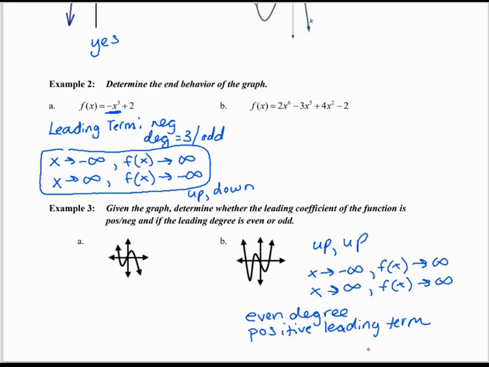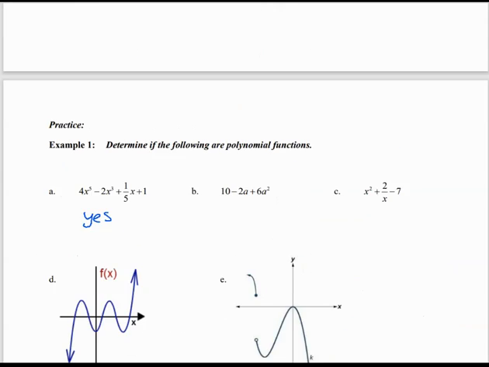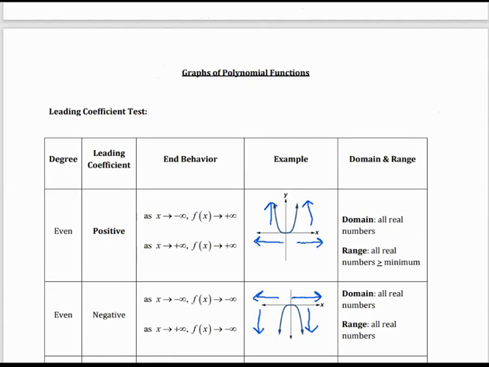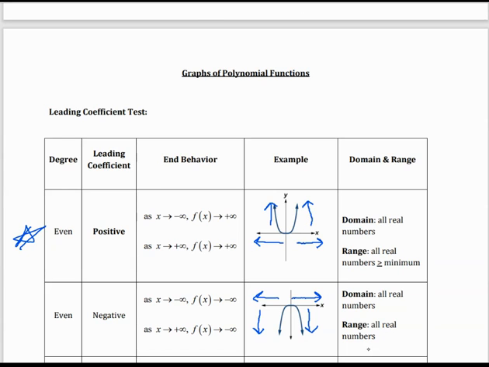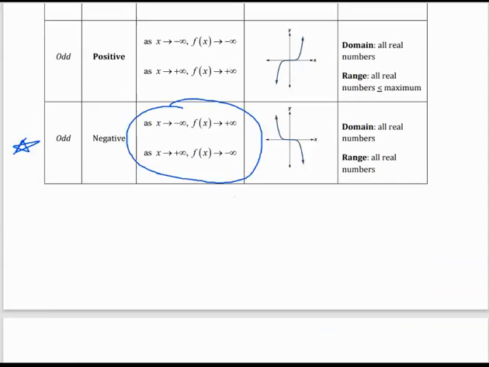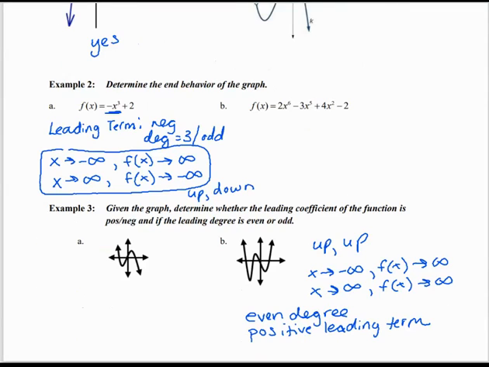And we can double check that. Let's go look. Positive, even. Does that give me the end behavior of positive, positive? Let's go look. Positive, even is our first one here. And as we can see, as we go to negative infinity and positive infinity, both of them are going to positive infinity. So we did that correct.